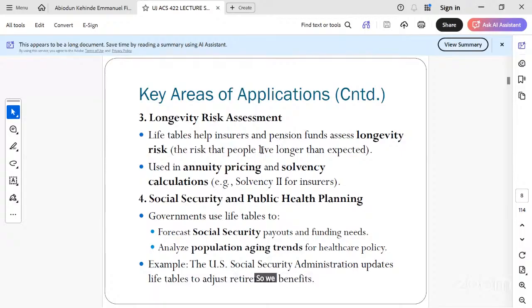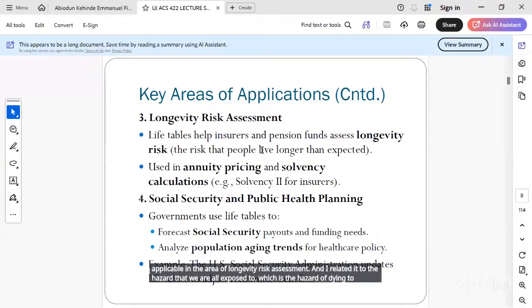So I was giving us how life table can be very applicable in the area of longevity risk assessment. And I related it to the hazard that we are all exposed to, which is the hazard of dying too early or living too long.